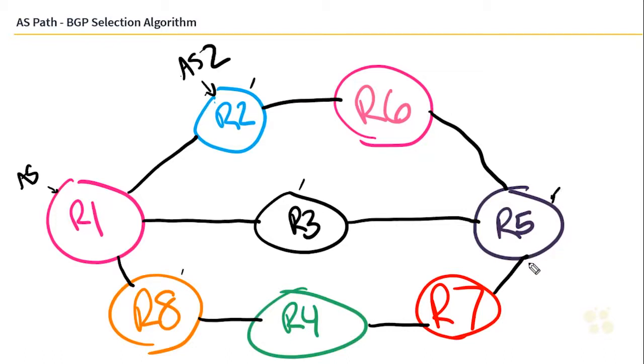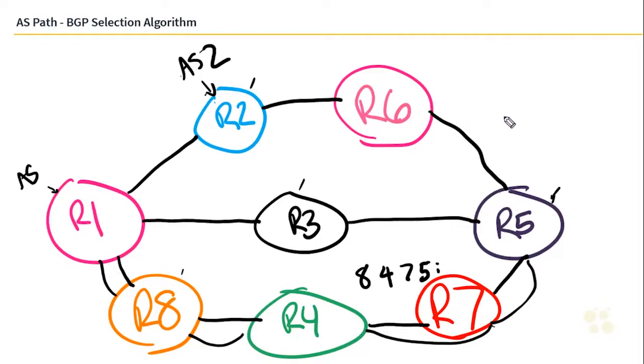You see, if it were to follow this path here, it would hop to autonomous system 7, 4, 8, and then 1. So our AS path here is going to look like 7, 4, 8. And then it would end up on 5, followed by an I, meaning that the network was originated with a network statement within autonomous system 5.